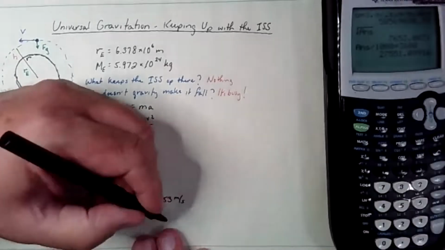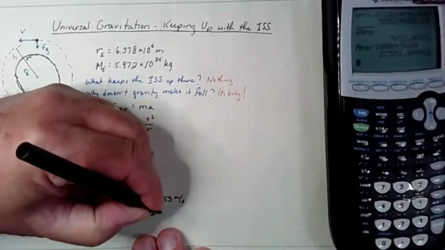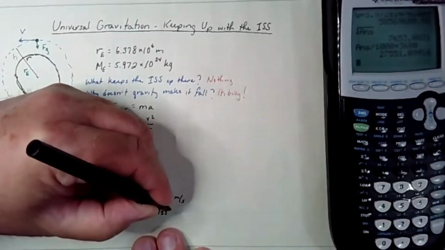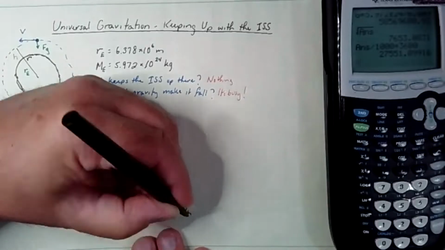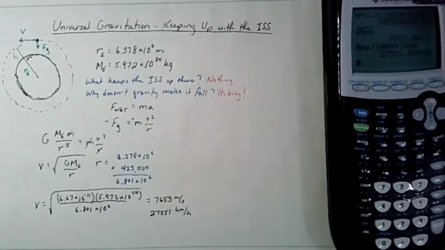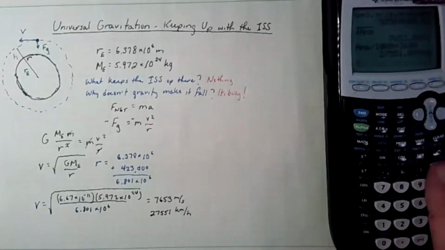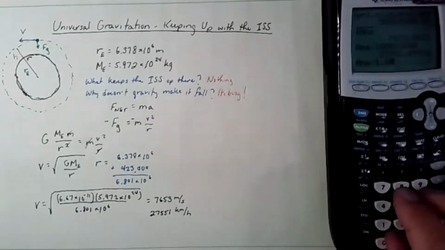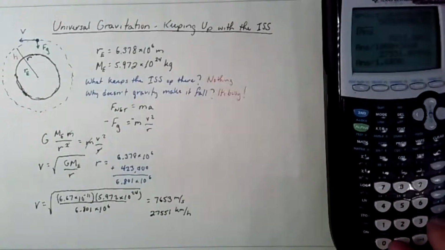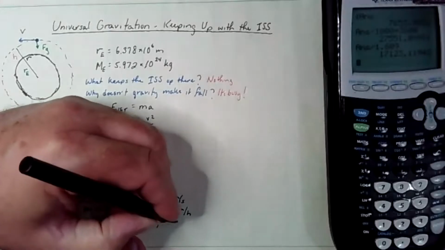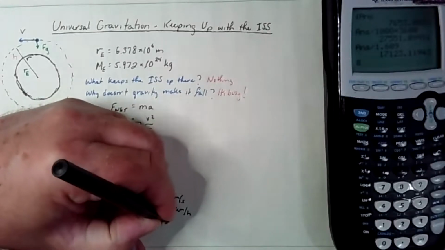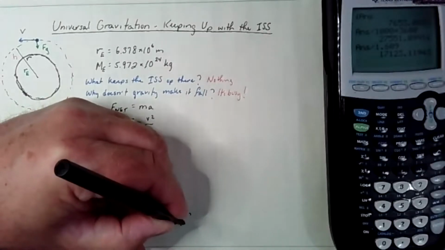So 27,551 kilometers per hour. And then if we want to do miles per hour, then we're just going to divide by the number of kilometers in a mile, which is 1.609. So 17,123 miles per hour.